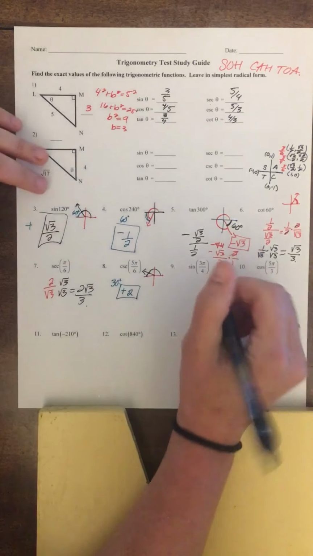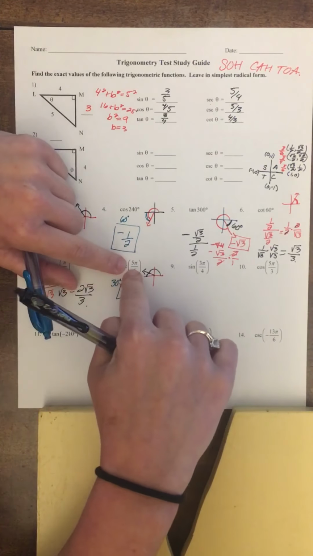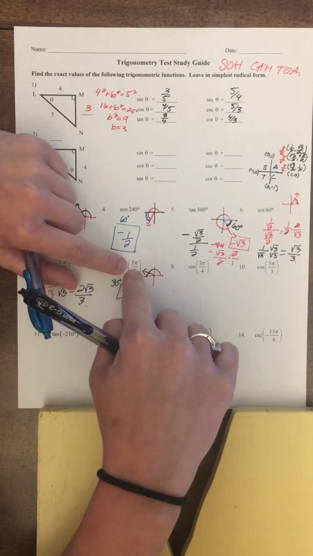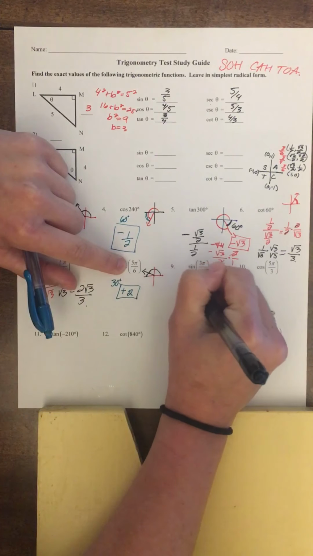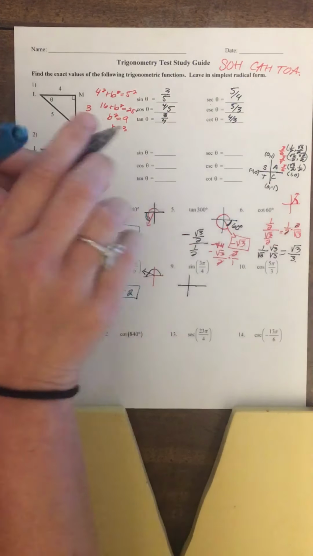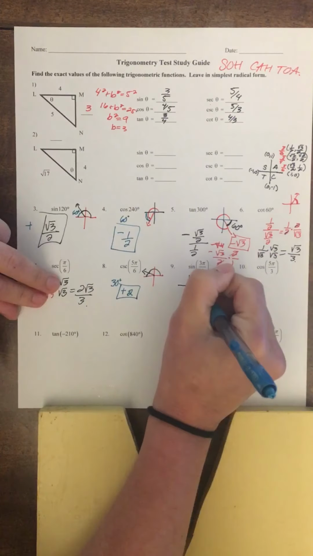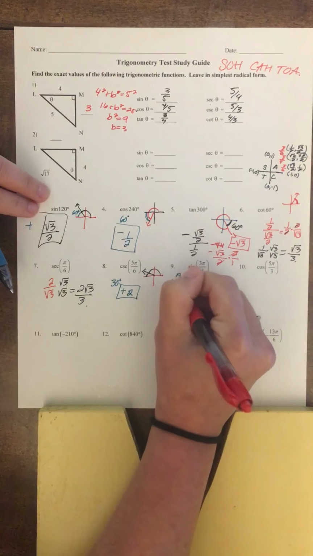All right, 3 pi over 4. It's kind of the same as what we did here. Here, 6 pi over 6 would have been halfway. 3 pi over 4 is close to 4 pi over 4, so it's close to halfway, but we don't go all the way halfway. We go to the second quadrant, and we stop pi over 4 away from the x-axis, which means our reference angle is pi over 4, or 45 degrees.